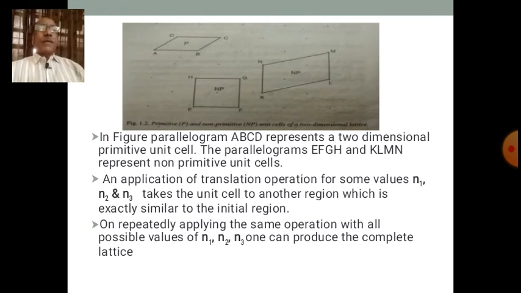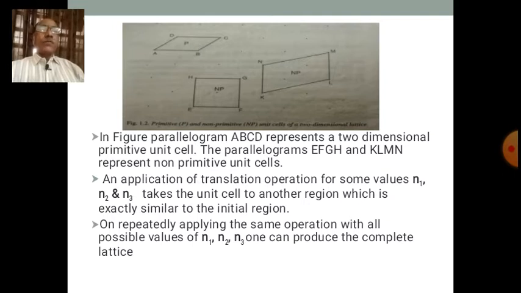This figure depicts the primitive and non-primitive unit cells in two dimensions. Parallelogram ABCD represents a two-dimensional primitive unit cell. In the parallelogram ABCD, you will find that all the lattice points are lying at the corners, whereas the parallelograms EFGH and KLMN represent non-primitive unit cells.